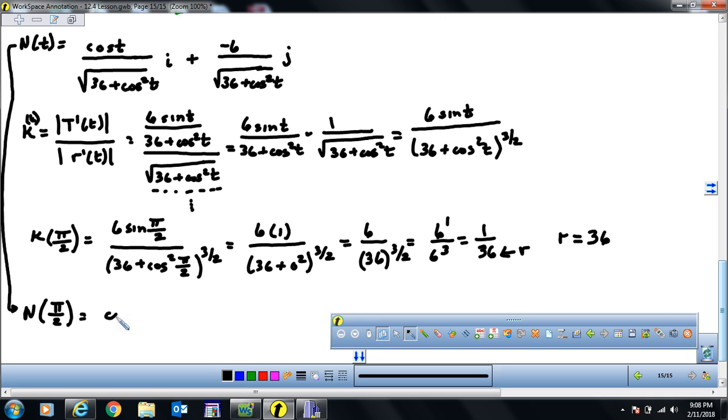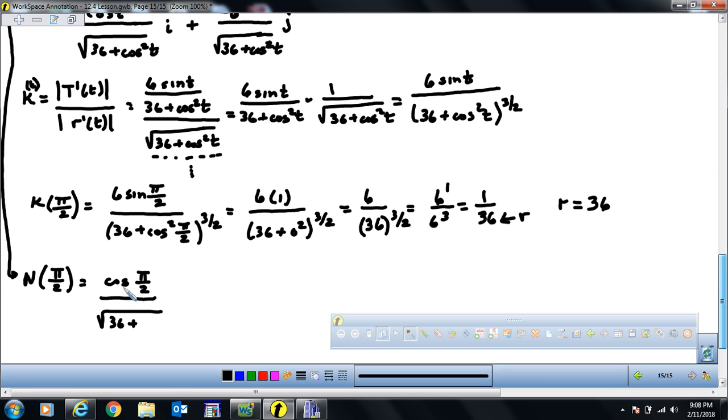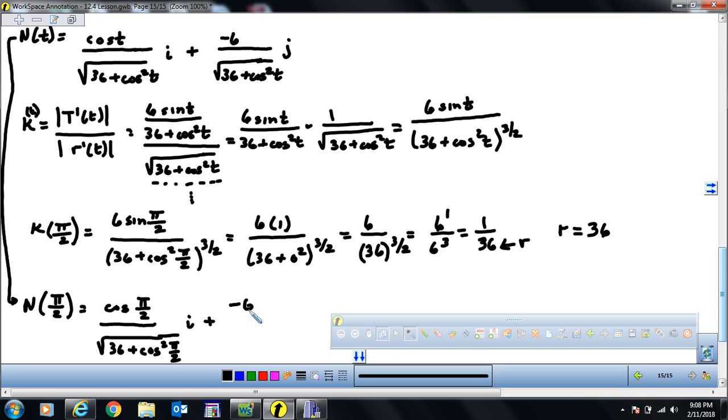So it's going to be cosine of pi over 2 divided by the square root of 36 plus cosine square of pi over 2, i, plus, and then the j component says negative 6 over the square root of 36 plus cosine square of pi over 2, and that is my j component.